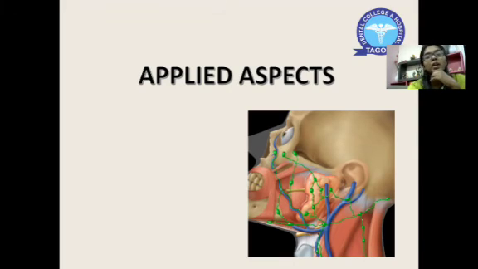Now moving on to the applied aspects of the lymph nodes. Basically, lymph nodes are the course drainage of our body, where they act as a first line of defense in the body.